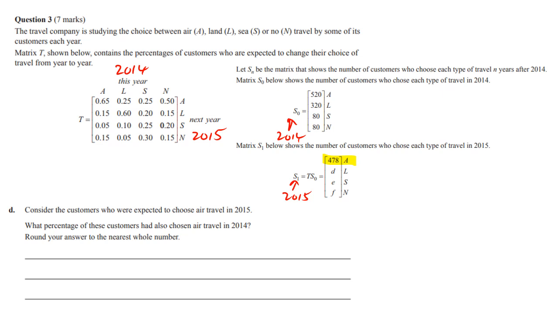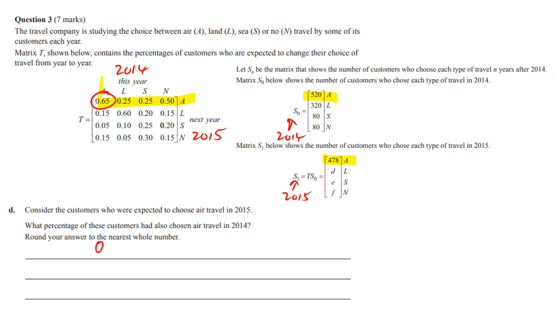So which customers went air travel in 2014 to air travel in 2015? It's not 478 because that's the total from all of the other branches. So we want air travel to air travel, and our number is 0.65. So 0.65 of the air travel in 2014 became air travel in 2015.